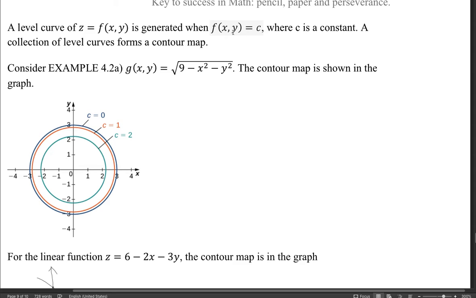You could have many different level curves. You set the constant equal to 0, you get the blue circle, or maybe you could set the constant equal to 2. If that is the case, I hope you will see you still need to square both sides when you set the constant at 2.